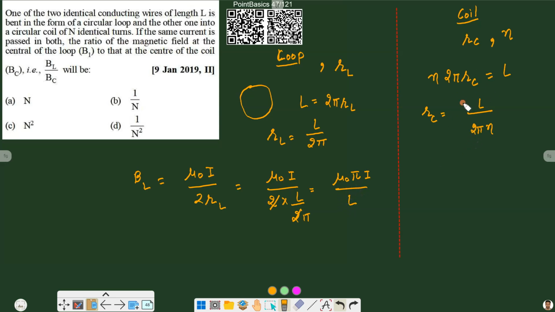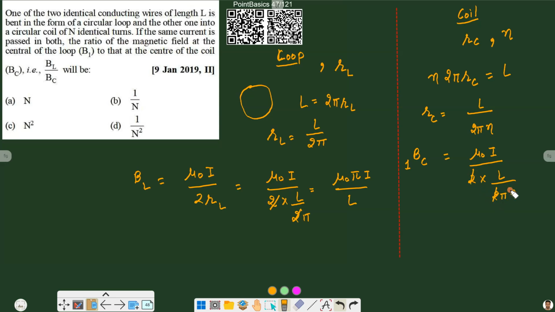Now in case of the coil, the magnetic field due to one turn of the coil: here we have n turns, and the radius of one turn is this. So the magnetic field due to one turn of the coil will be mu node I by twice the radius, and the radius is L by 2 pi n.